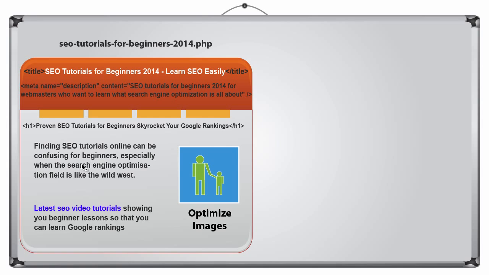In this example, search engine optimization is another word for SEO. So I utilize that instead of saying finding SEO tutorials online. And then when the SEO field is like so on, okay?